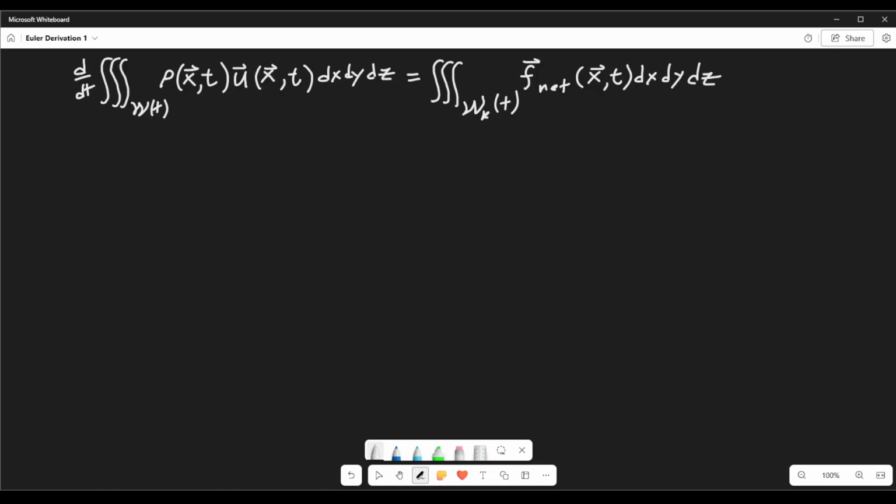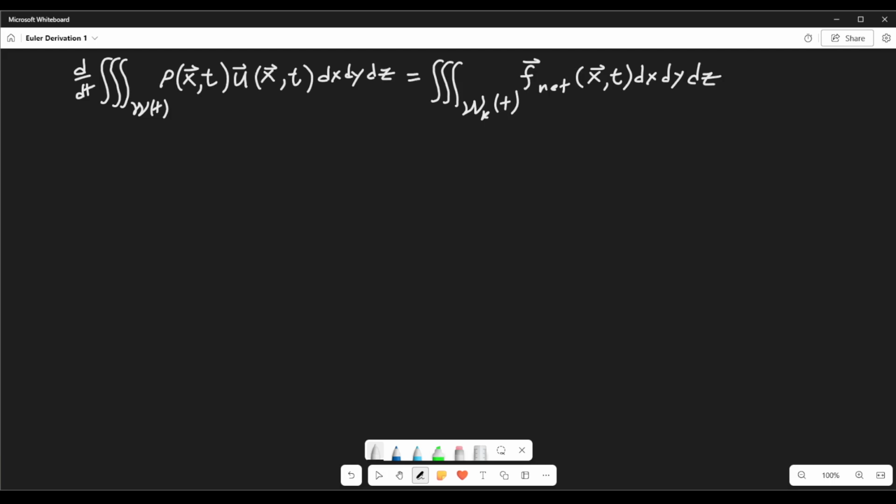So in the previous lecture, we basically got to this equation using momentum balance. So this is basically force. This is basically mass times acceleration on this side, and then on the other side, this is essentially force.